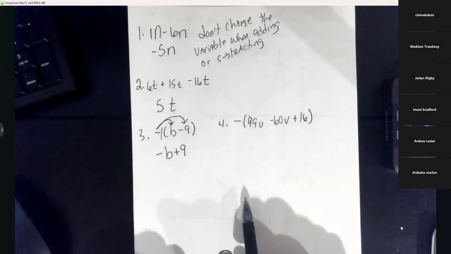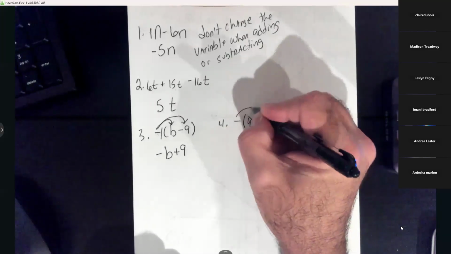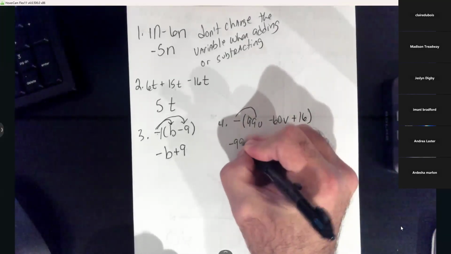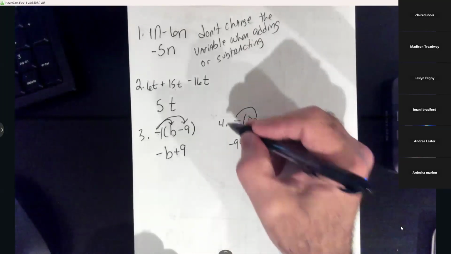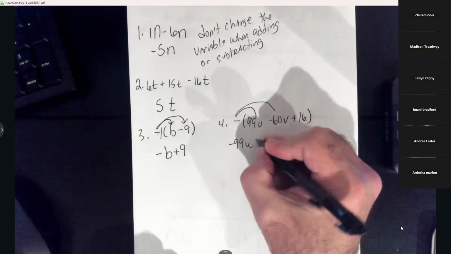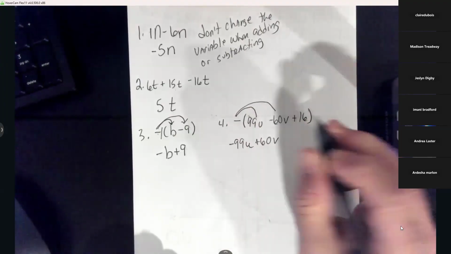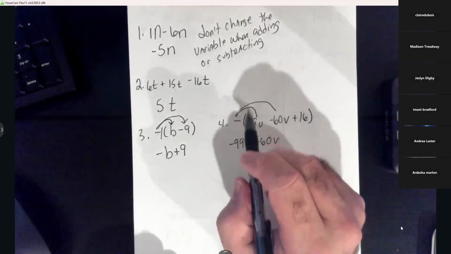Let's see what Claire got. Negative 99u. So -1 times 99u gave me negative 99u. You got plus 60v. So negative times negative made that a positive 60v. And then y'all got what, a plus?